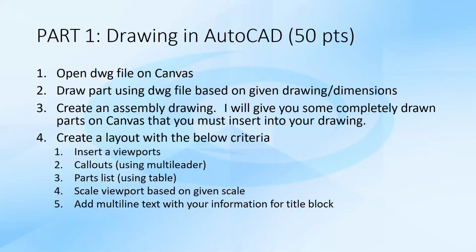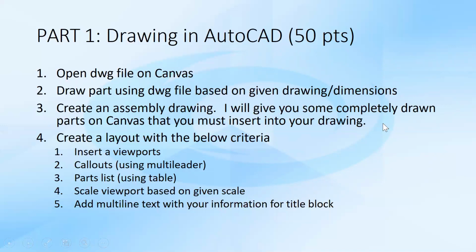So you'll only have to draw that one part and add some dimensions, and then you are going to create an assembly drawing. So again, I'll give you some completely drawn parts on Canvas, and then under an area that says assembly in the model tab, you'll use blocks or Control-Shift-C, Control-Shift-V, however you want to do it, to assemble the full product.